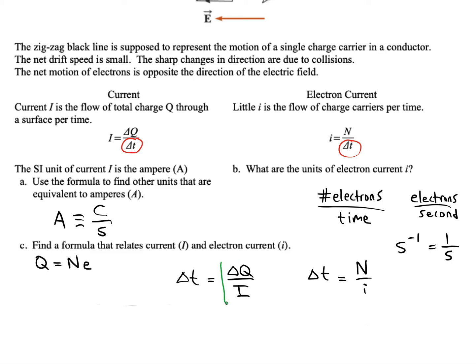Now we see that this delta Q over big I is equal to delta t, and big N over little i is also equal to delta t. Therefore, we could set them equal to each other. After cross multiplying, we would get this.